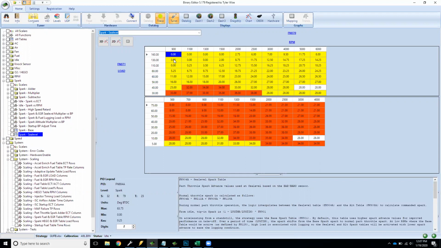Now, another quick thing I'll tell you guys is, with these lower boost combos, if you're under 10 pounds of boost, I find myself hovering around one very specific timing number a lot that seems very safe with 91 or 93 pump gas. And that's around like 17, 18 degrees.